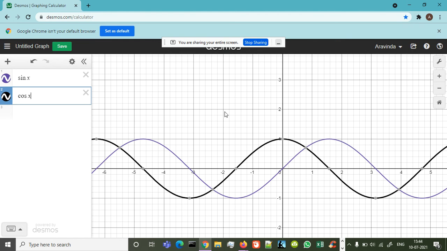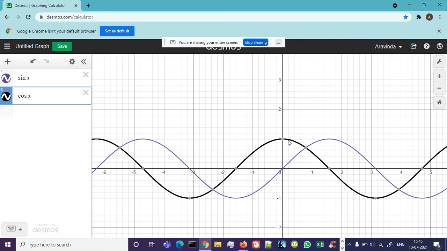You can see that the way sin x and cos x are related is there's a lag. When sin x is at 0, cos x is at 1. But when sin x goes to 1, cos x comes to 0.